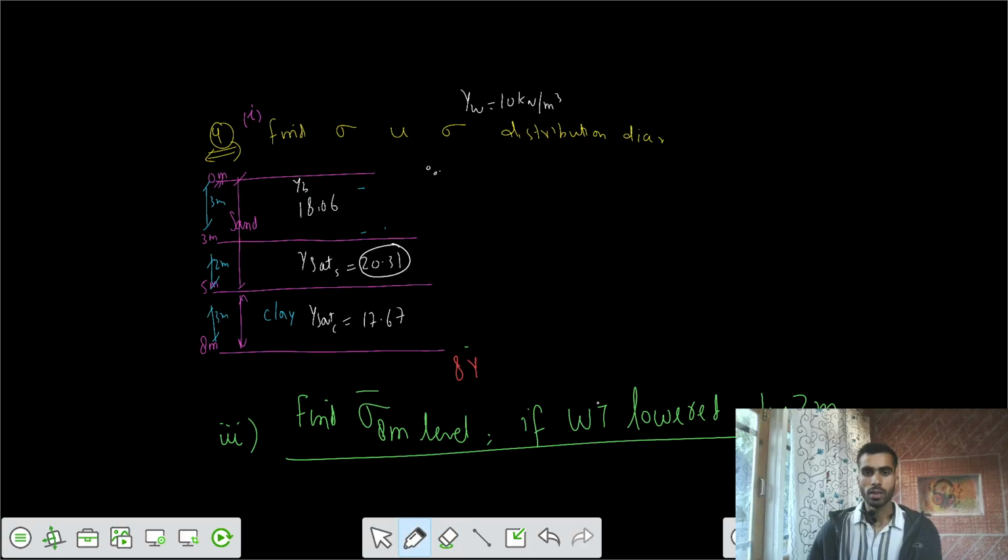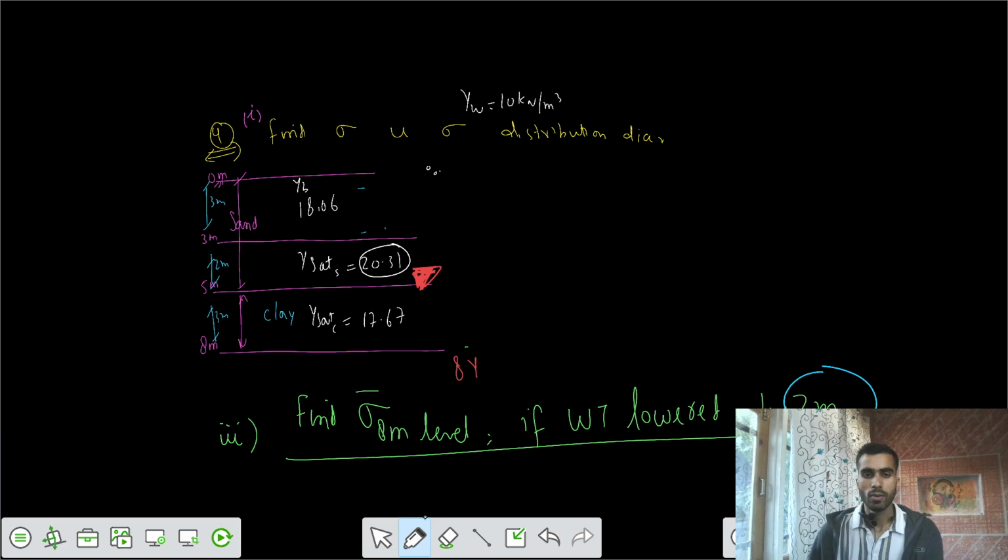Originally, this was your water table. Now, from that, I have to lower it by 2 meters. So finally your water table is somewhere here. So that means this part is removed.